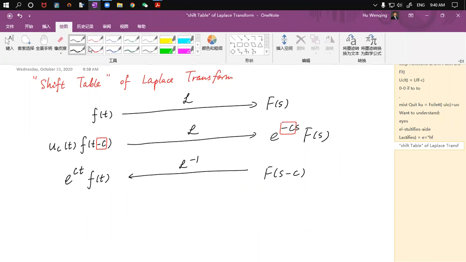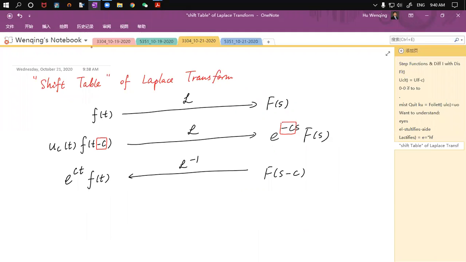A very important thing here is that one has to distinguish between a forward shift and a backward shift. Sometimes we call this the forward shift, and this one is sometimes called the backward shift. No matter which shift you do, forward or backward, you're always going to transform an ordinary shift into an exponential shift.